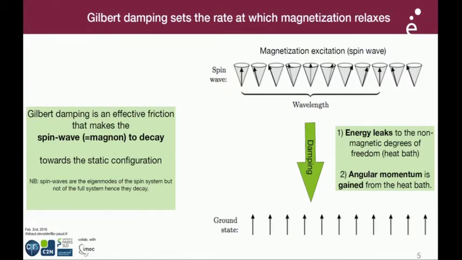This decay implies two effects. The energy of the spin waves has to leak away from the magnetic system to the thermal bath, and the angular momentum carried by the spin wave has to be carried away also. So damping is essentially the rate at which magnetic energy is lost from the magnetic degrees of freedom to the rest of the world.